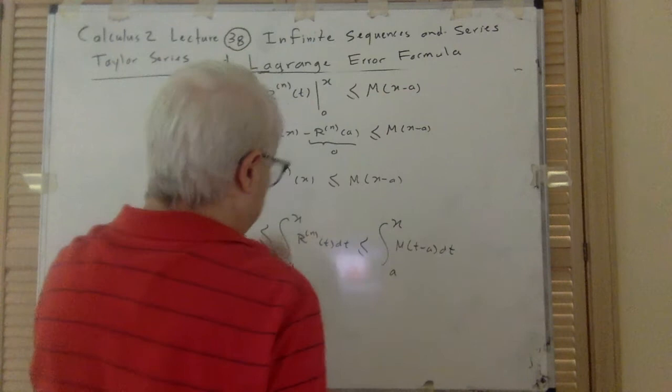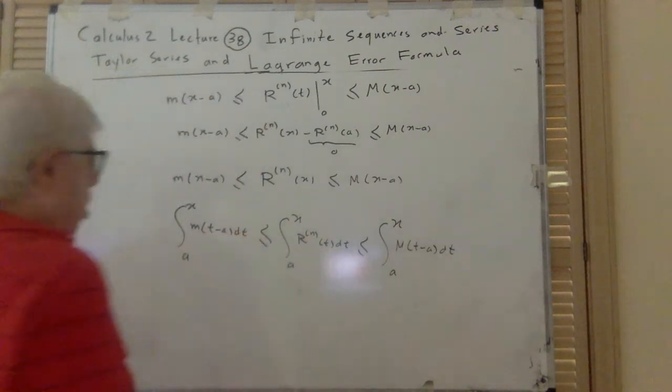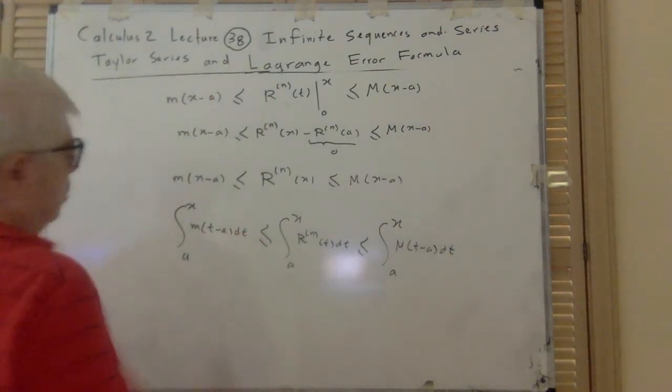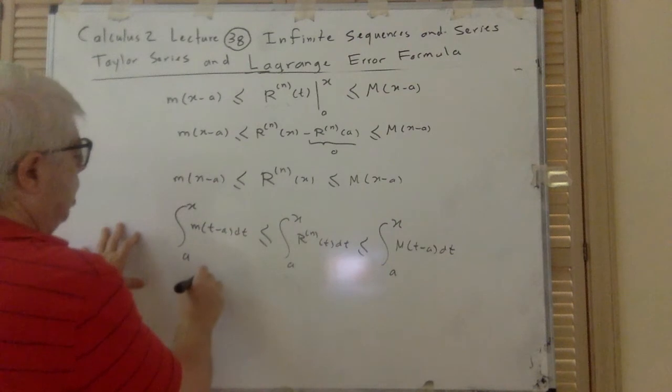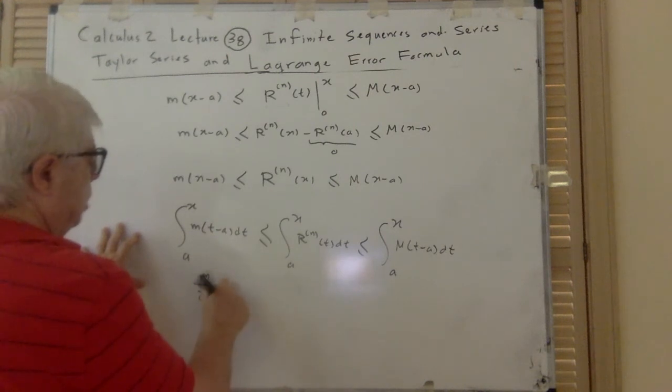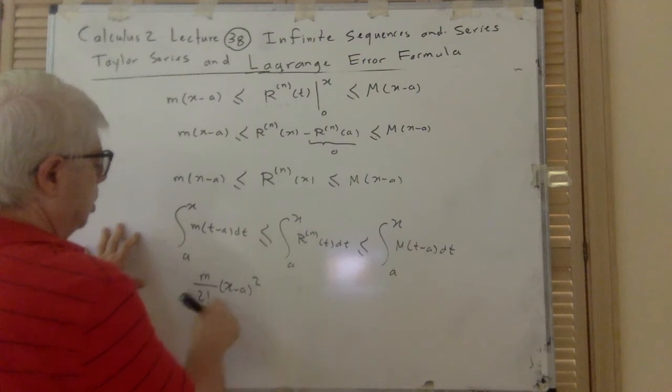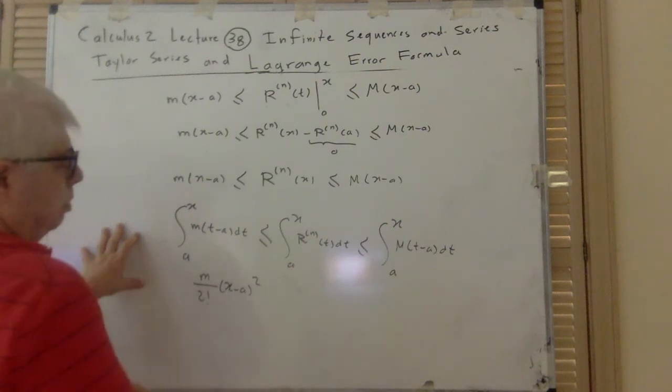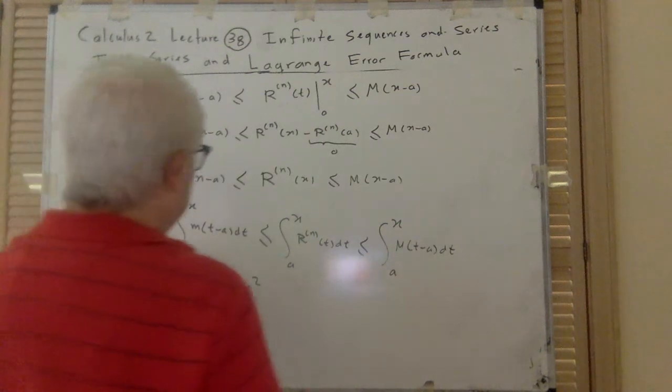Okay, so what do I get here? I will get m over 2 factorial, x minus a squared, right?